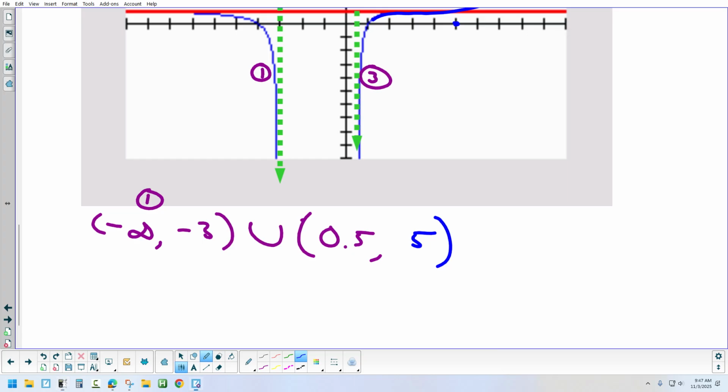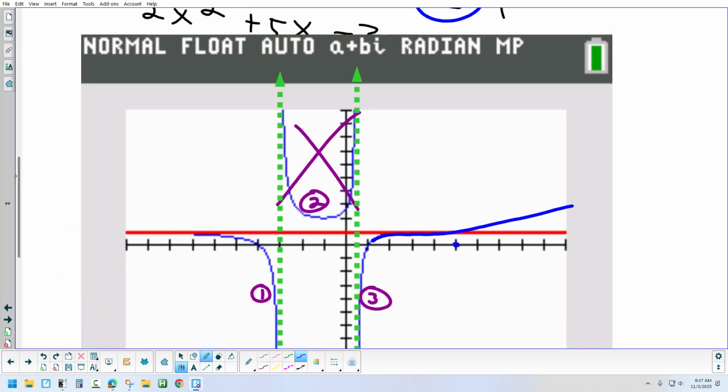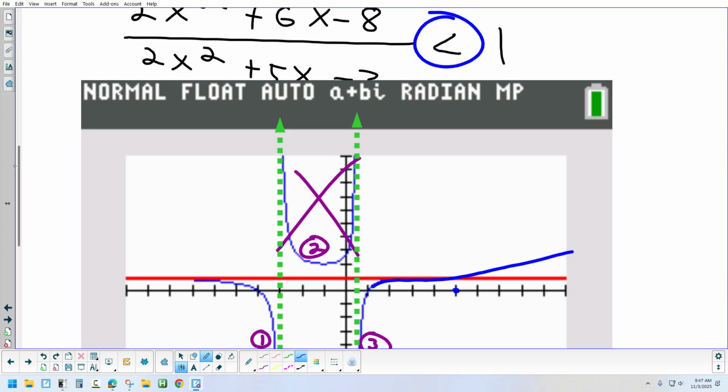So these 3 parentheses have to stay no matter what. But this one could have been a bracket if the problem was written a little different. And that was from interval 3. And that's your answer. So that describes all the sections of the graph that are under the red line.